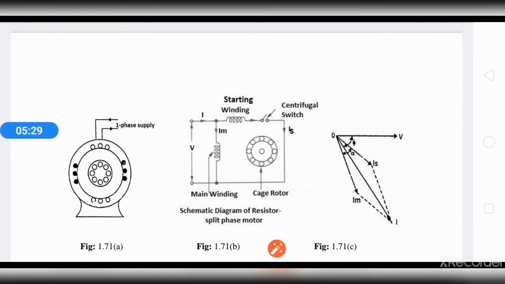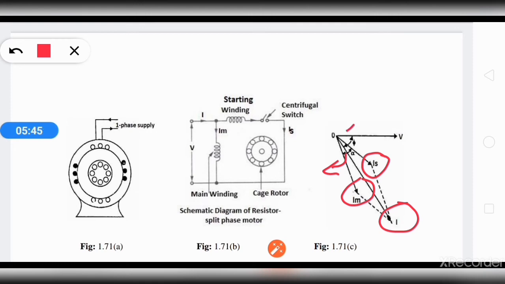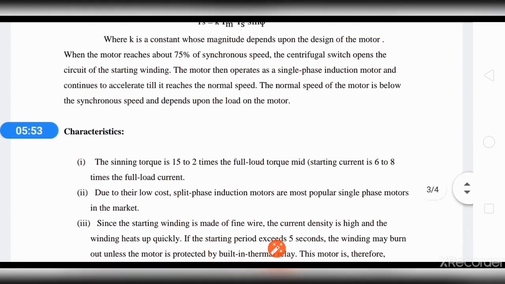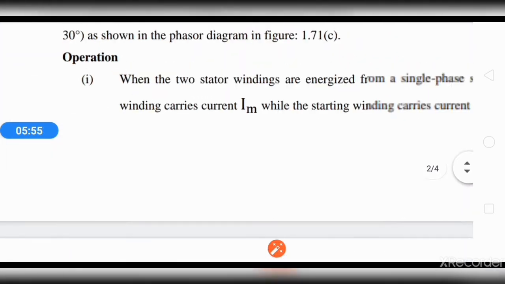The currents are Is, shown here, and this is Im. There is a phase difference between them. So a resultant current is produced, which makes a phase angle with voltage. So the resultant field is rotating. Let us see how it is working.